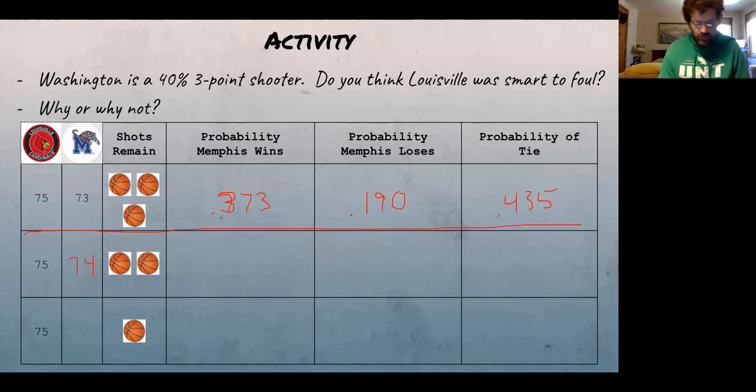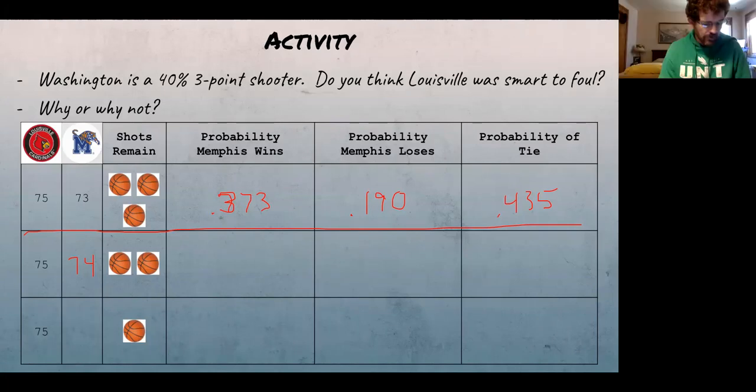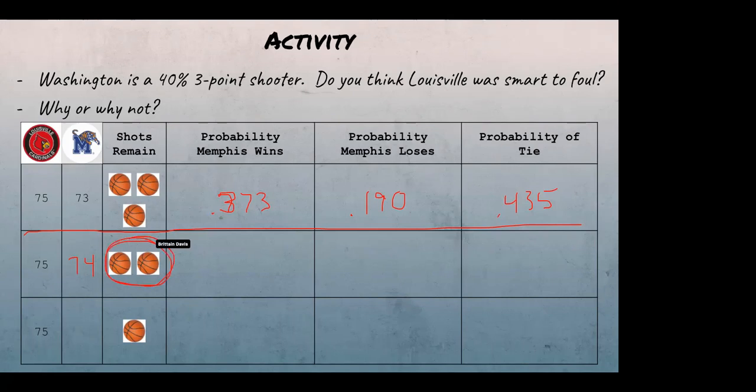Let's recalculate the probabilities, just some good practice with this. What does he need to make in order to win? 3 of them. All right, well, he's already made 1. So now we're jumping to, there's 2 shots left. 2 more. There you go.